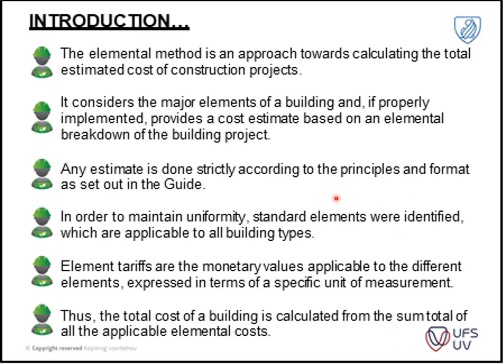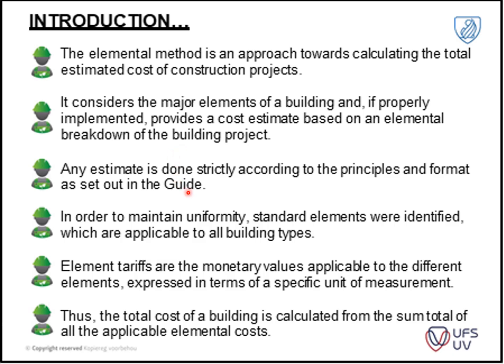So looking at some other items that we need to consider: the elemental method is an approach towards calculating the total estimated cost of the construction project, obviously taking into consideration the major elements of a building, and if properly implemented provides a cost estimate based on the elemental breakdown of the project.